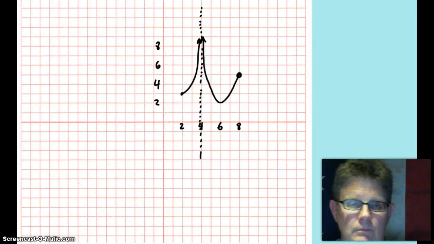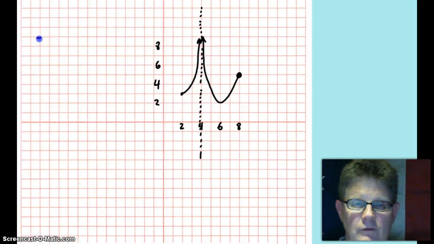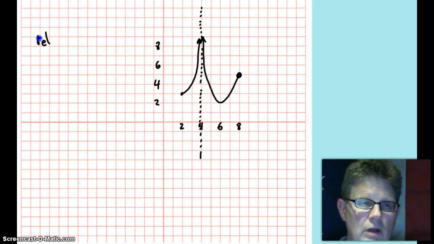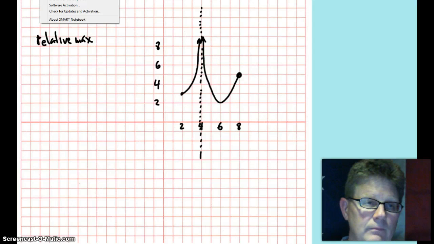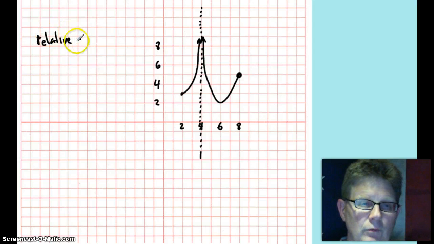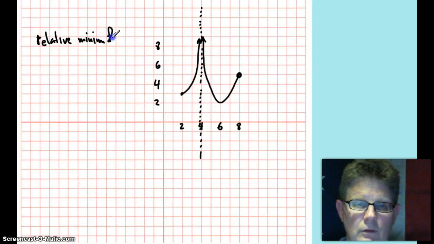Sometimes, alright, let's see here, we have a relative minimum of 2 at x equals 6.